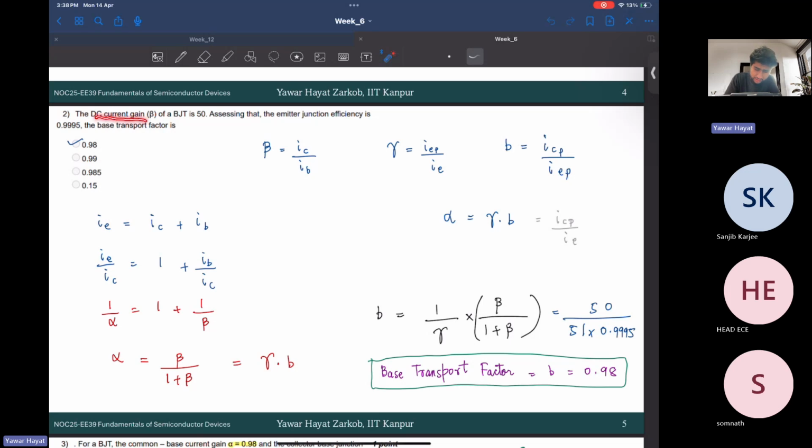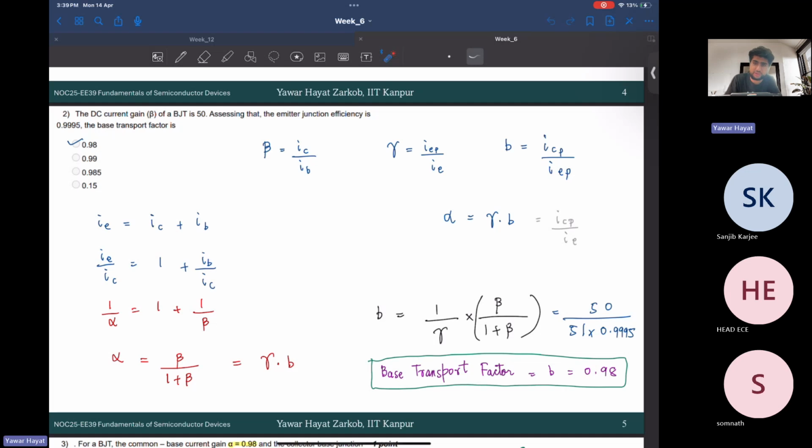The DC current gain beta was 50. This particular info was given. Assuming your emitter junction efficiency is 0.9995, you have to compute this base transport factor.